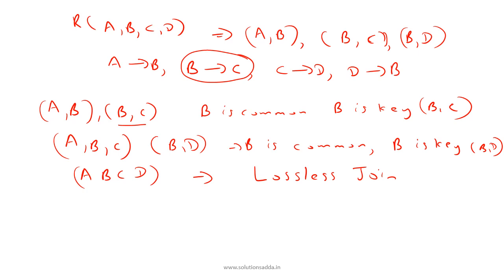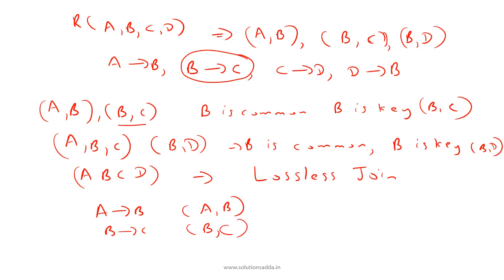Now we can see whether it is dependency preserving or not. The decomposition is dependency preserving, as the dependencies are preserved, because A determines B is captured in the relation table A comma B. Then B determines C is captured in the relation table BC.